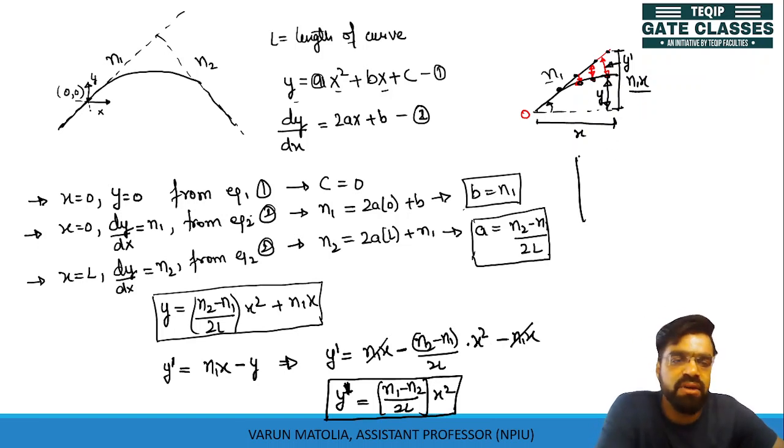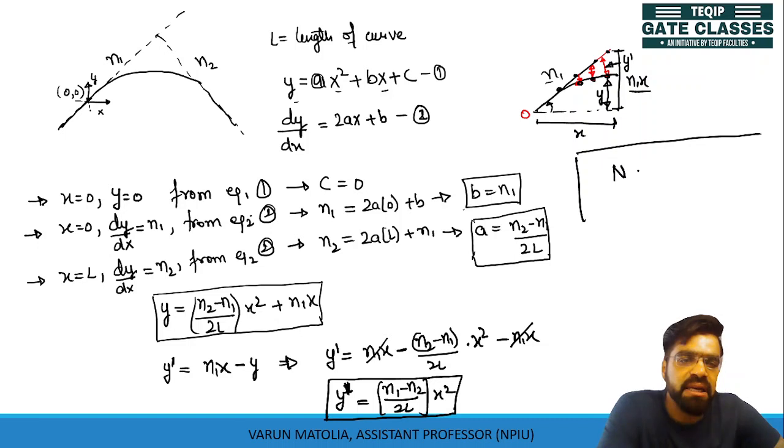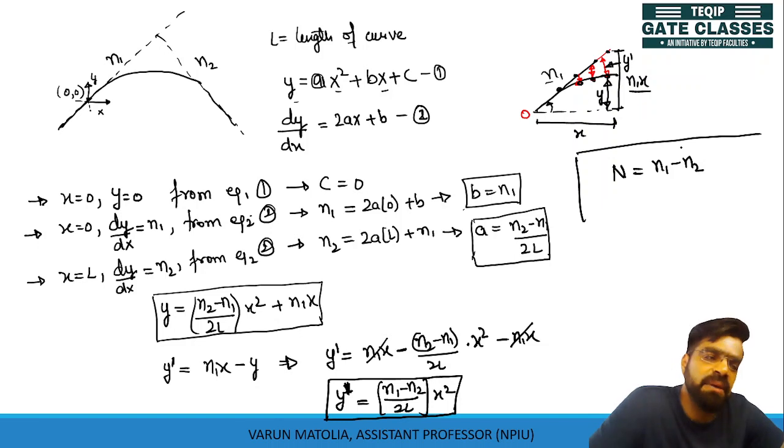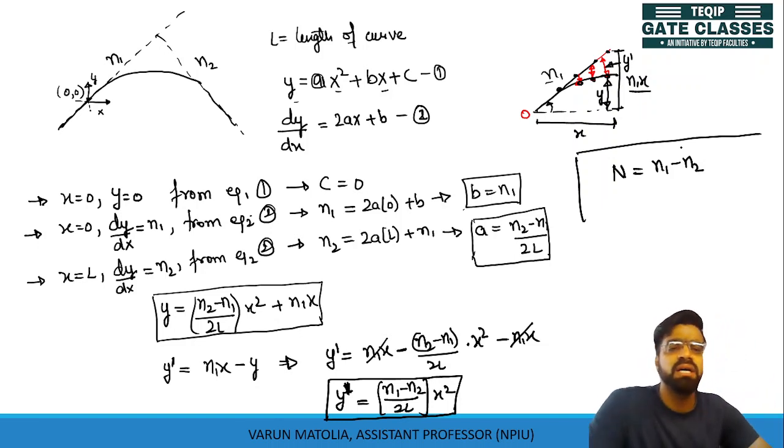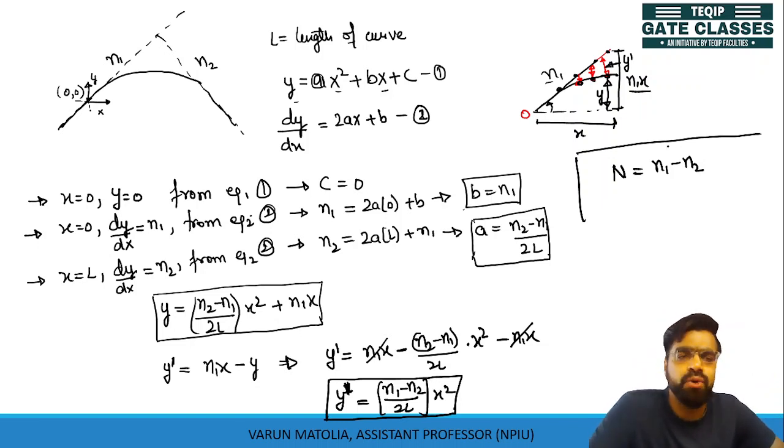This equation can further be simplified. We know the deviation angle n is equal to the first slope minus the second slope. The second slope can be negative, positive, or anything. Whenever we put the value of n2, we can keep it as negative or positive. But while we are just placing the label as n2, we can write it without any sign.